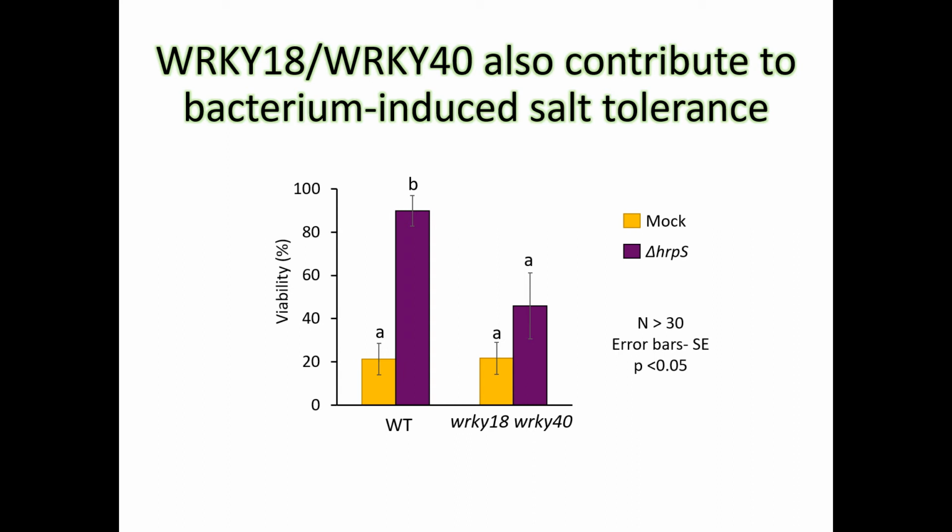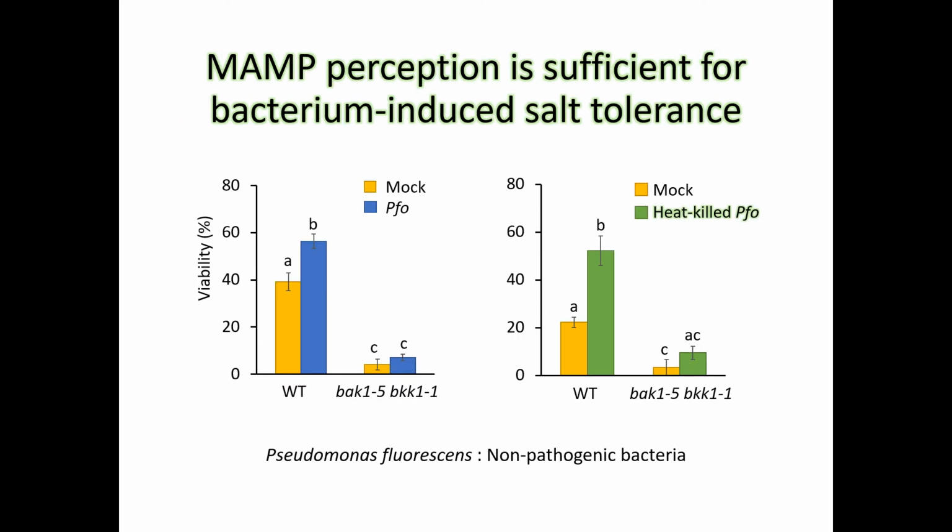Now, we repeated the assay with a different non-pathogenic bacterium, Pseudomonas fluorescens, and this strengthened our claim that non-pathogenic bacterium could induce salt tolerance. But what is very interesting is that heat-killed Pf0-1 here could also induce salt stress tolerance. So this shows that the mere perception of MAMPs is sufficient to induce salt tolerance.